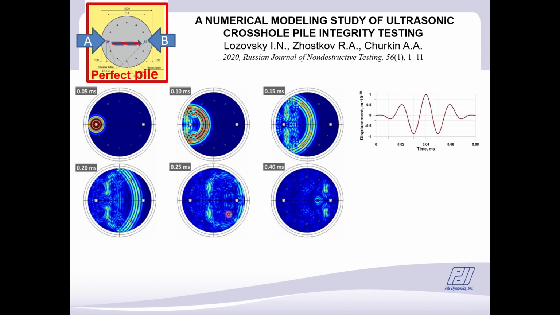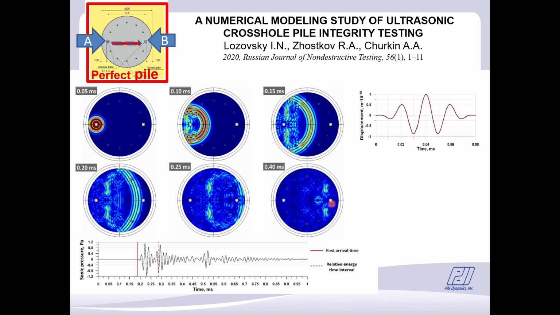And it continues, and there are continual residual reflections as we continue through time. And if we look at the recorded signal at location B, we see a first arrival time.